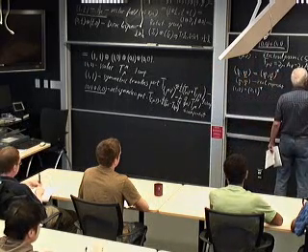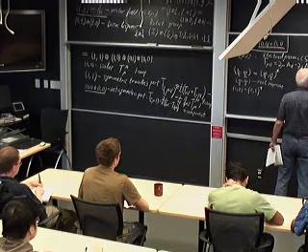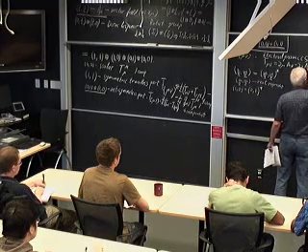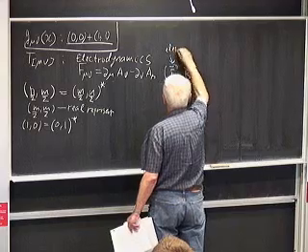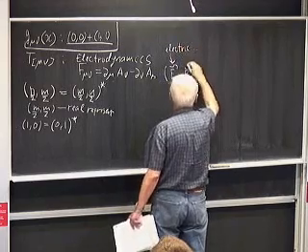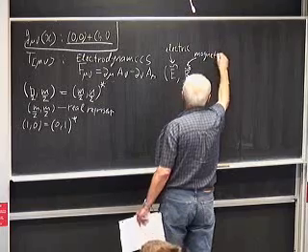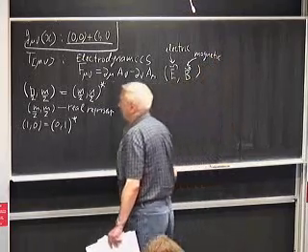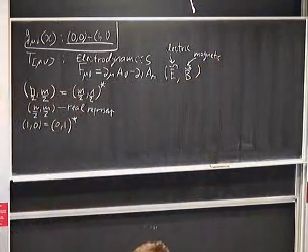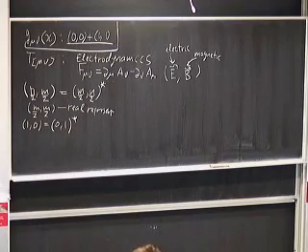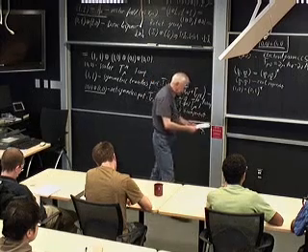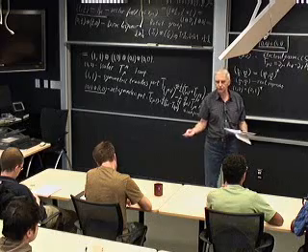So electric field, 3, and magnetic field. Okay, so these are examples. Maybe some more questions here.